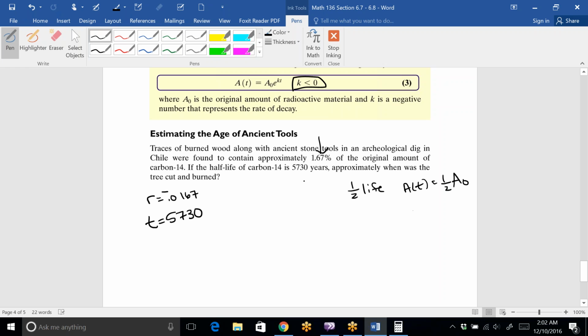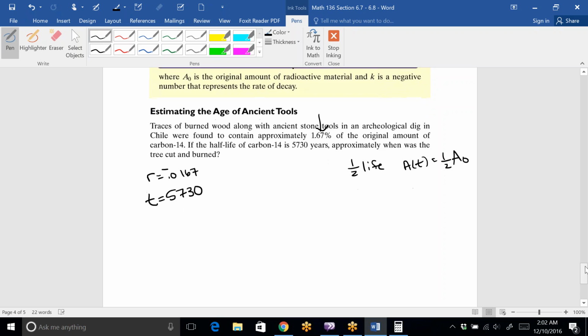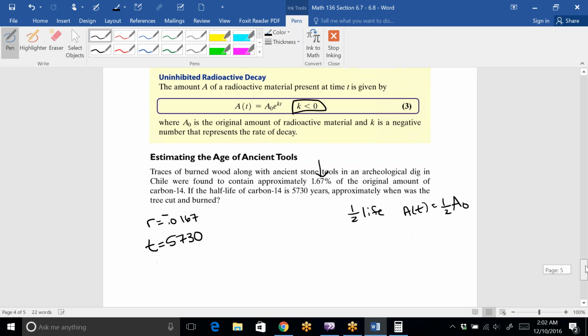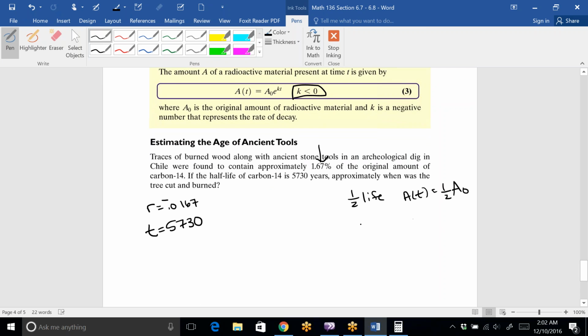And we want to know when was the tree cut and burned. So we don't know the initial amount. But we do know the half-life.